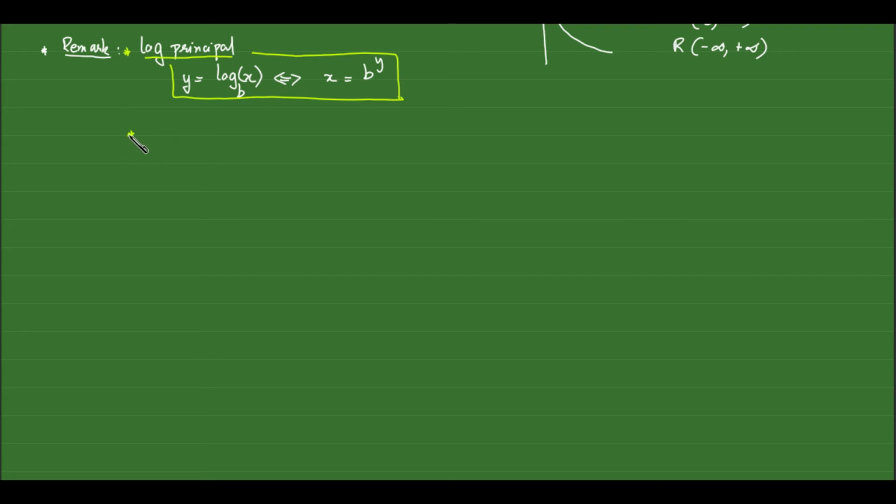The second remark is that log and exponential function are inverse of one another. I put it in yellow so that you can remember. This is a very important fact. Okay, now let's do the first example together.